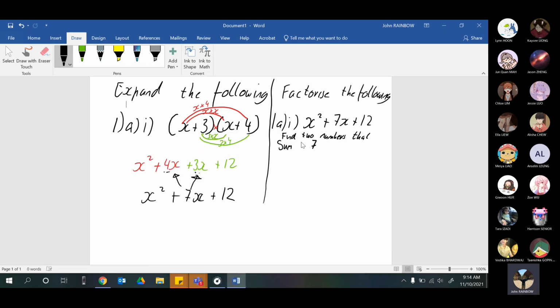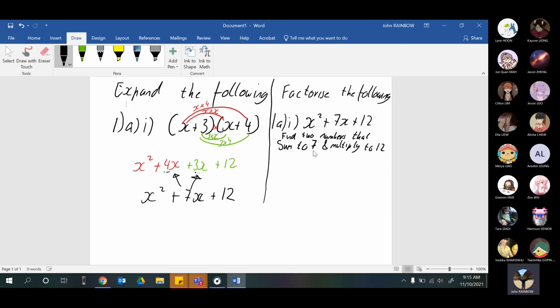Because obviously what happened is we went x, because we want to get back to this. We want to get to 3 and 4. But also, if you noticed, we went 3 by 4 to get this. So they need to sum to 7 and multiply to 12.